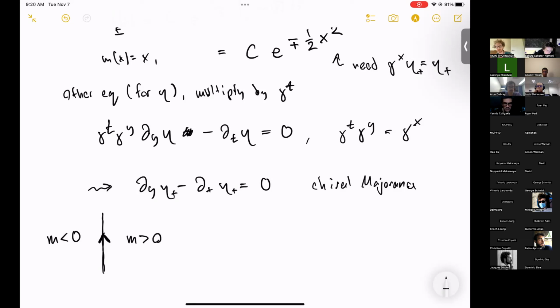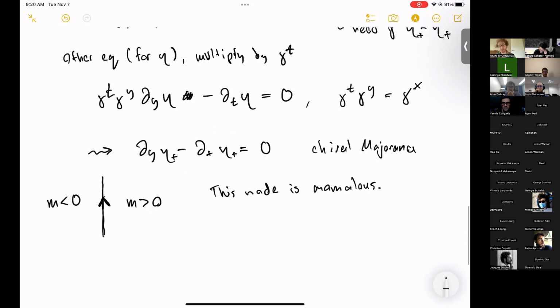So it has a chiral gravitational anomaly. And we want to advocate the point that this mode, well, this mode is anomalous. The original theory also was anomalous.